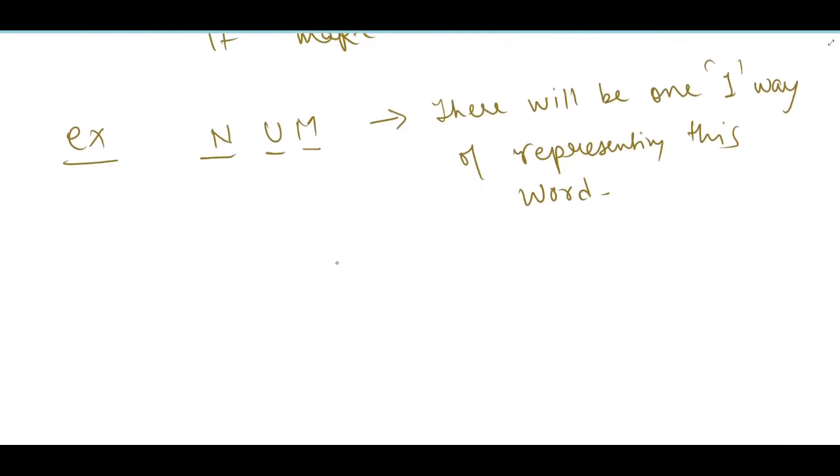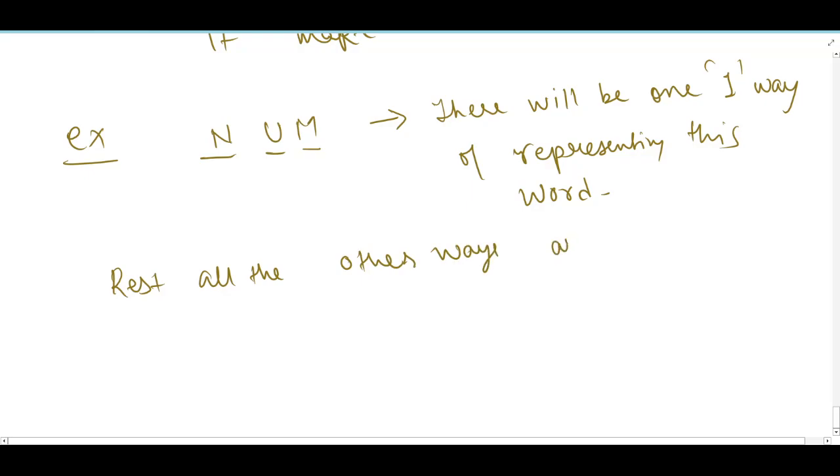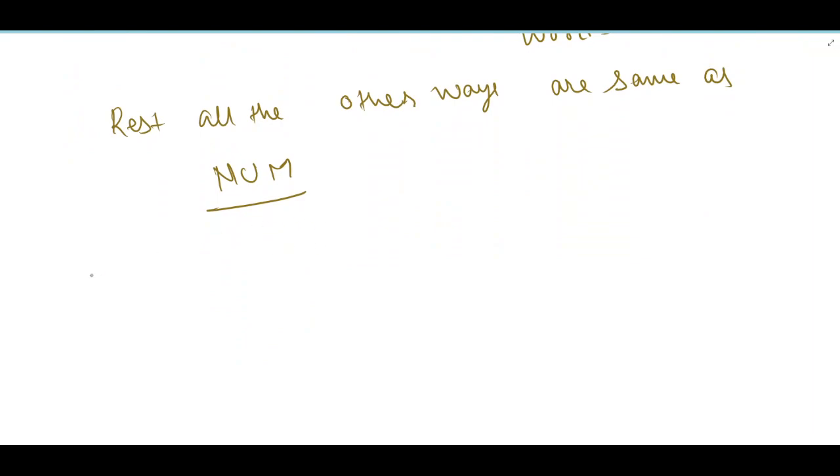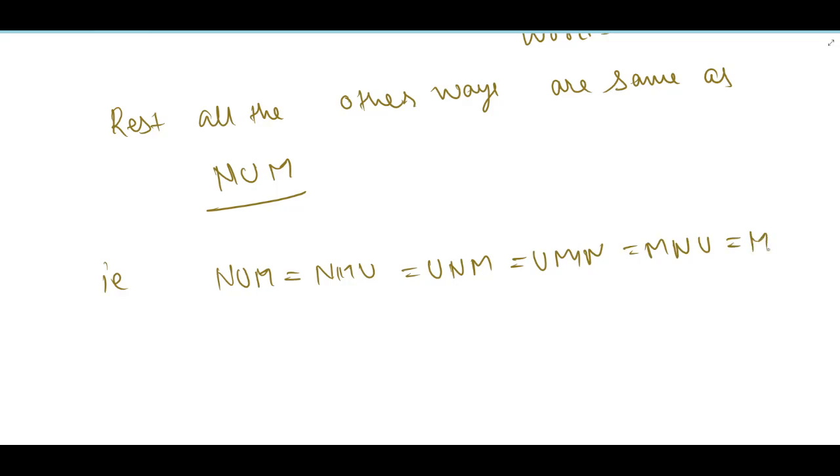Rest all the other ways are same as NUM. That is, NUM is equal to NMU is equal to UNM is equal to UMN is equal to MNU is equal to MUN.